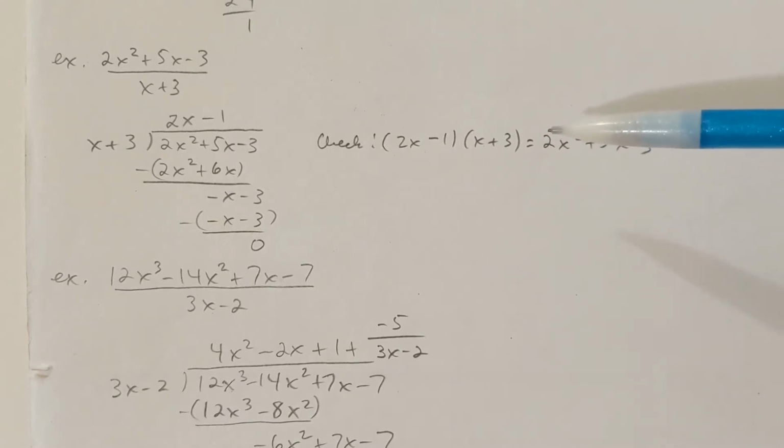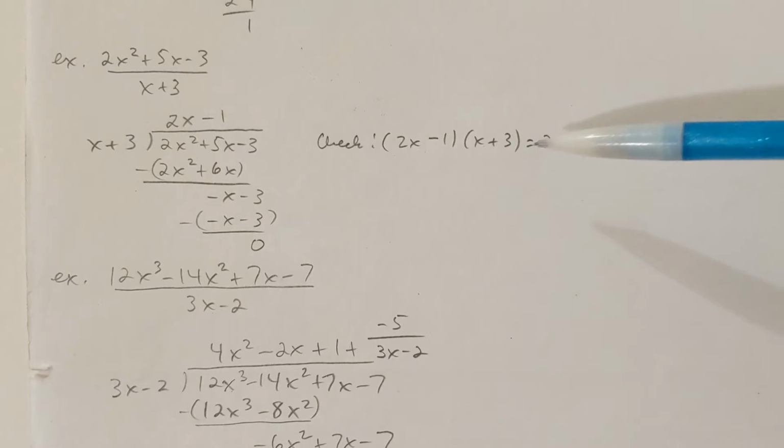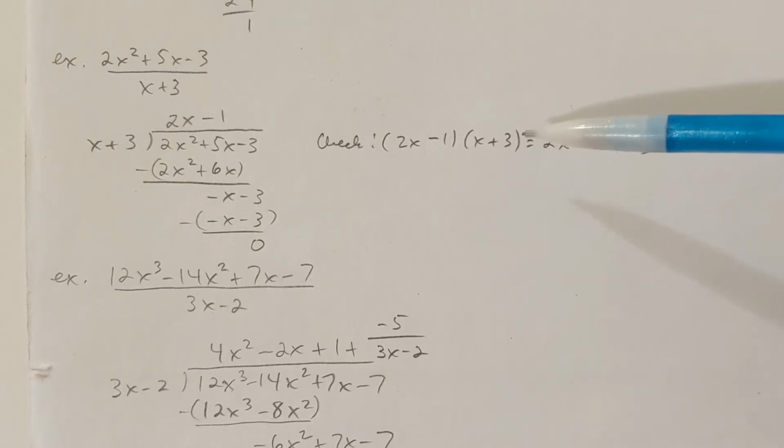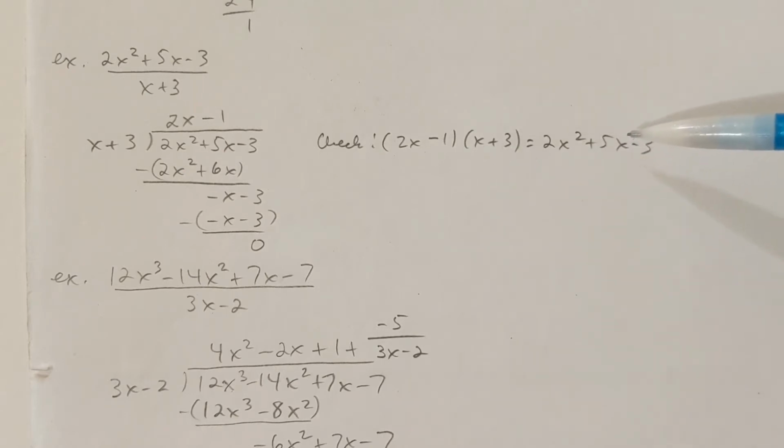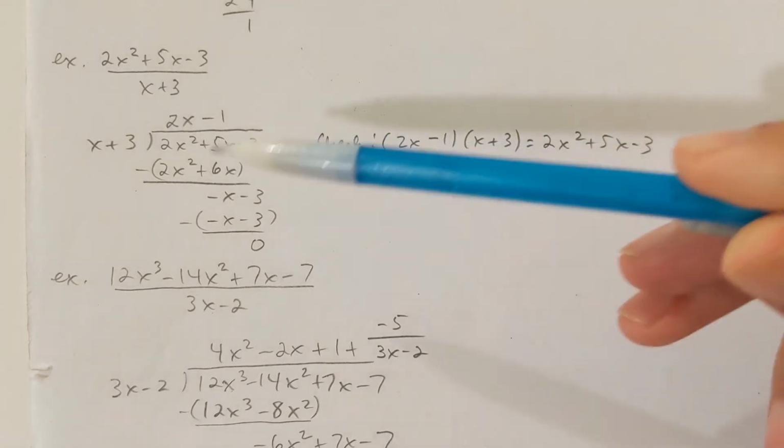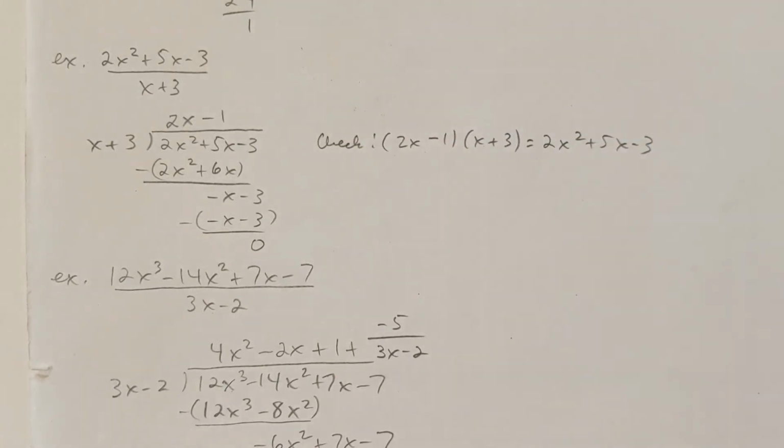If I take 2x minus 1 times x plus 3 and FOIL that, 2x times x is 2x squared, 3 times 2x is 6x, minus x is 5x, and then negative 1 times 3 is minus 3. Well, that's exactly what I get underneath the division bar. Okay?